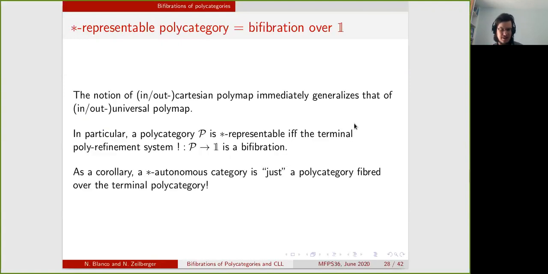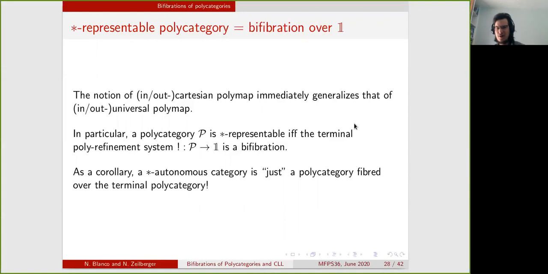And as I said before, a polycategory that is bifibered over one corresponds to a star representable polycategory. And this is just because the notion of Cartesian map will be parameterized by some base polymap that is trivial. And so this will correspond to universal map.